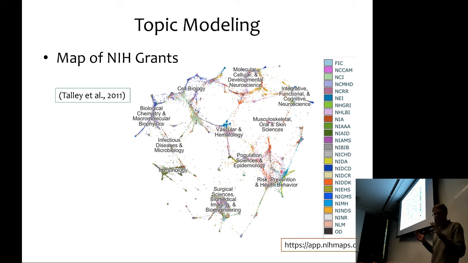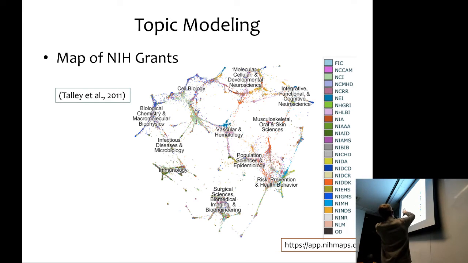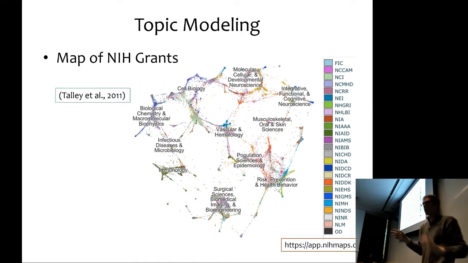So you could also imagine using the information that you extract from the corpus to build a map of the actual relations between documents. And so this is actually a map of National Institute of Health grants, like successful grant proposals. And you can see that the ways that they actually fit together in this map are tied to the actual content of the document.